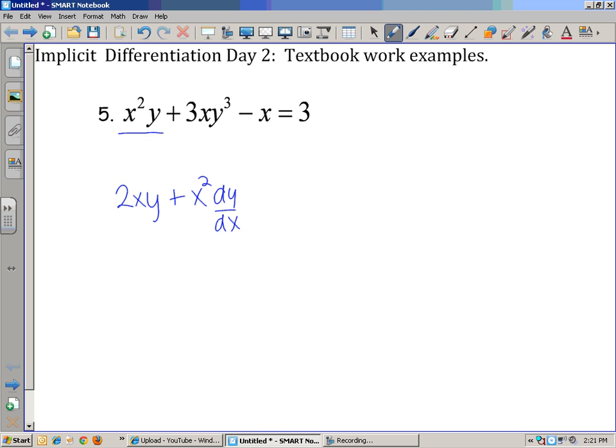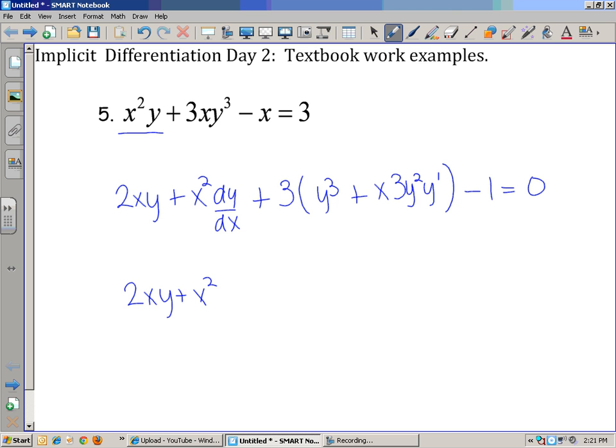And this will give me this portion. The derivative of the first times the second plus the derivative of the second times the first. Okay, and so 2xy plus x squared.